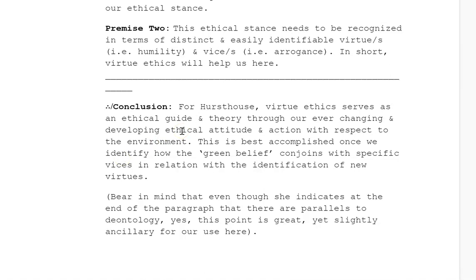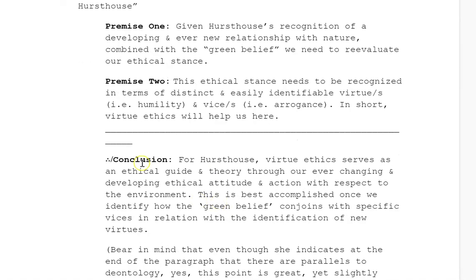Okay, and then so once I established what her conclusion is, I worked on the premises. How did she get here? Okay, so premise one. Given Hursthouse's recognition of a developing, ever new relationship with nature combined with the so-called green belief, we need to reevaluate our ethical stance in order to establish what that virtue is.